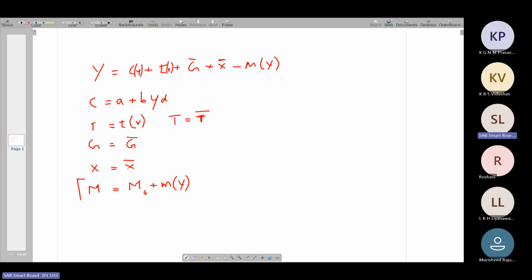There are certain assumptions when we are developing the import function. What are those assumptions? What type of imports are we importing from the rest of the nations? We are importing different goods.